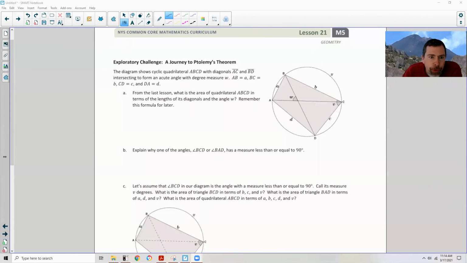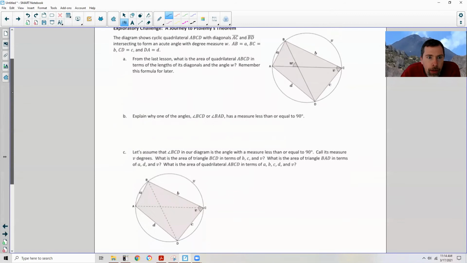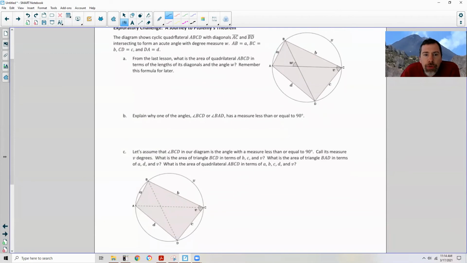Okay, page 2, exploratory challenge, a journey to Ptolemy's theorem. Okay, the diagram shows a cyclic quadrilateral ABCD with diagonals AC and BD intersecting to form an acute angle W right there.